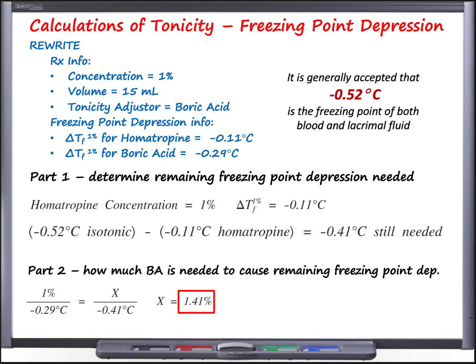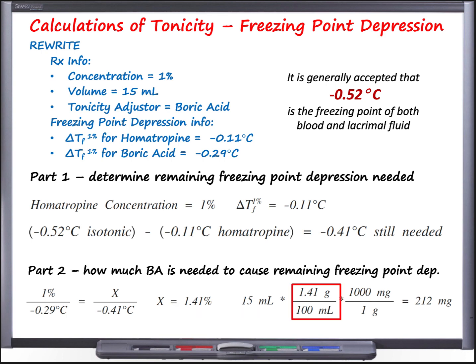Okay? So we're not quite done because the question did ask for the milligrams of boric acid. So our last step is to set up this formula, and I'll walk you through it. It starts with the fact that the volume we're compounding is 15 milliliters. So if we want 15 milliliters to be a 1.41% boric acid, we have to start with 15 milliliters, multiply it by that concentration expressed as 1.41 grams per 100 milliliters.